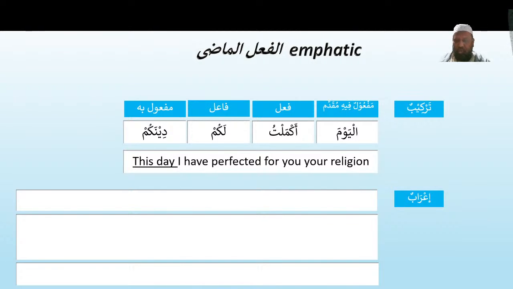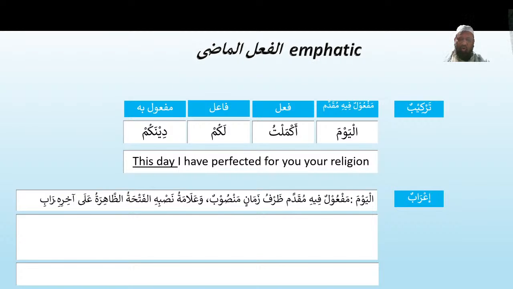So the i'rab will be اليوم مفعول فيه مقدم. Or if we want, we can start with the fa'il and bring the maf'ul as in the original order, or you can start with the word as it is in front of us. اليوم مفعول فيه مقدم ظرف زمان.